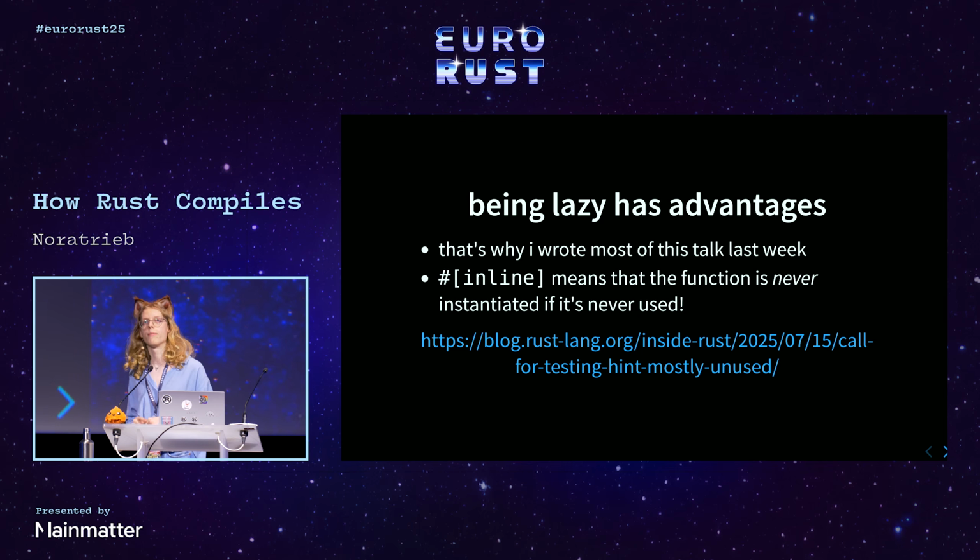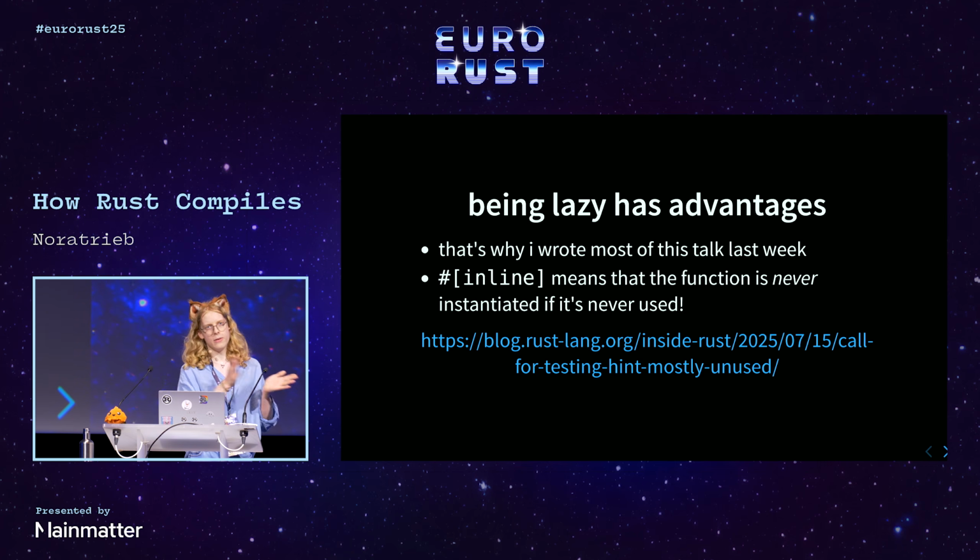My slides will be accessible at the end. You can just click the link there. And it's useful for crates like the AWS SDK, which is full of lots of different features, most of which people don't need. So if you apply the hints to these crates, they can be compiled significantly faster. But for crates which are commonly used, it will slow down compilation since everything will need to be duplicated.